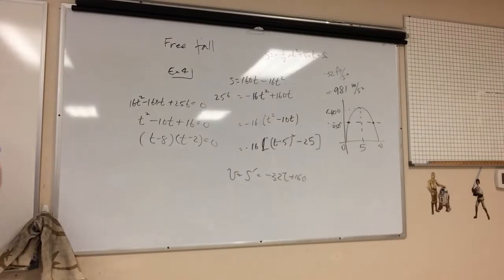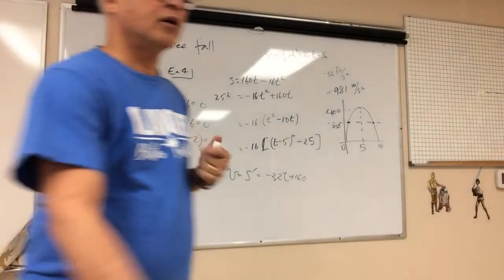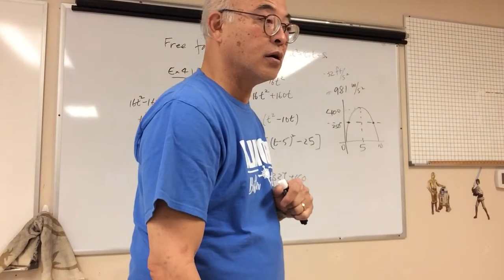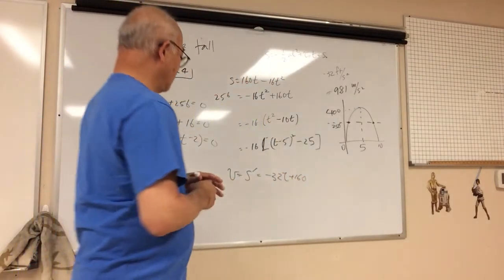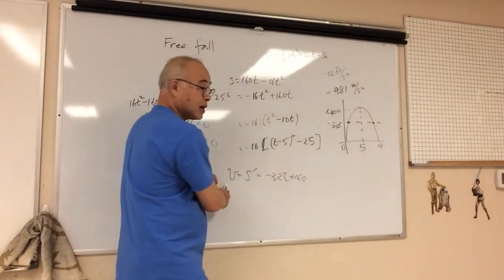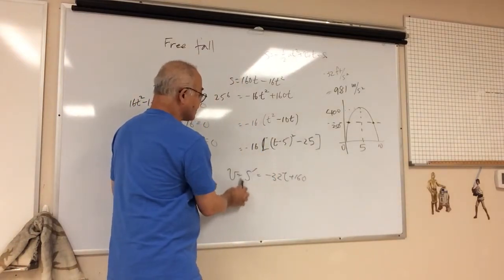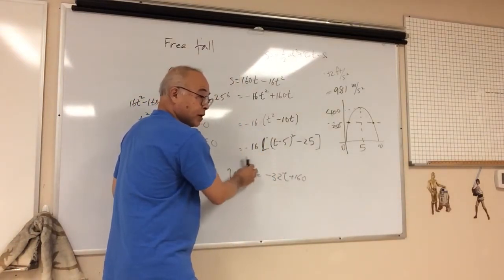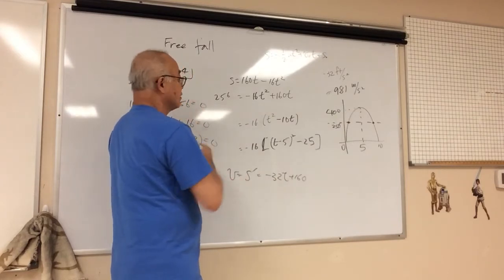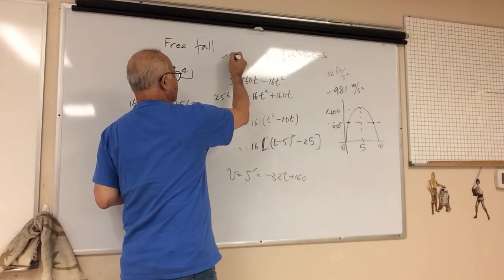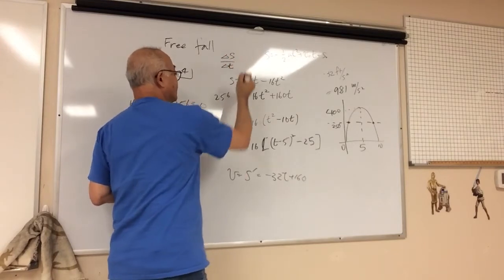David has a question. What is S prime, velocity? Why is S prime velocity? Because this is the S, this is the height or displacement, right? Speed is what? Distance over time, delta S over delta T, isn't it?